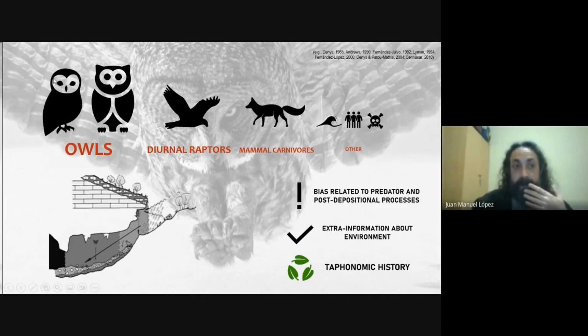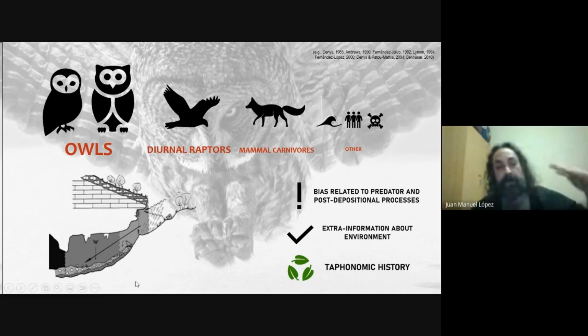Normally, the owls or nocturnal raptors, nocturnal birds of prey, diurnal birds of prey, and small mammal carnivores. We have this scheme of how the material is accumulated here, and after, the sediments are deposited above, and they disaggregate and accumulate all these small mammals or small vertebrates.